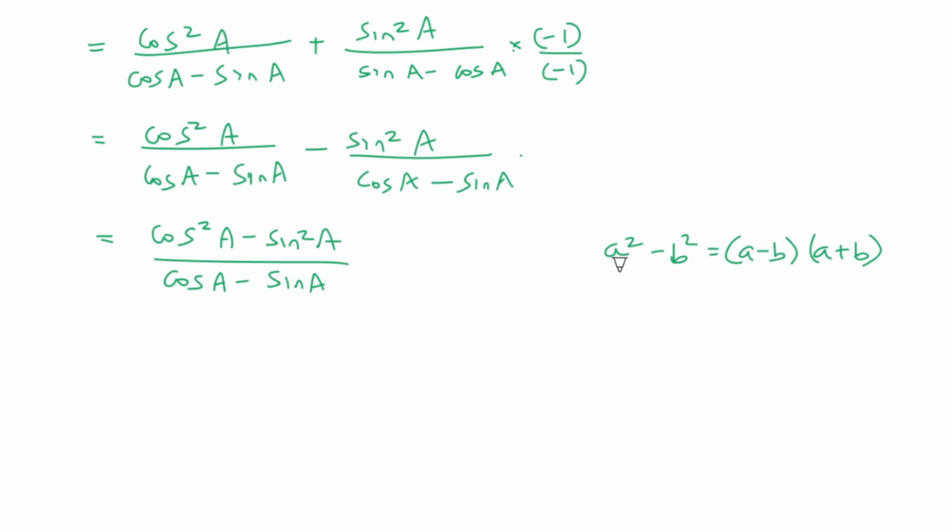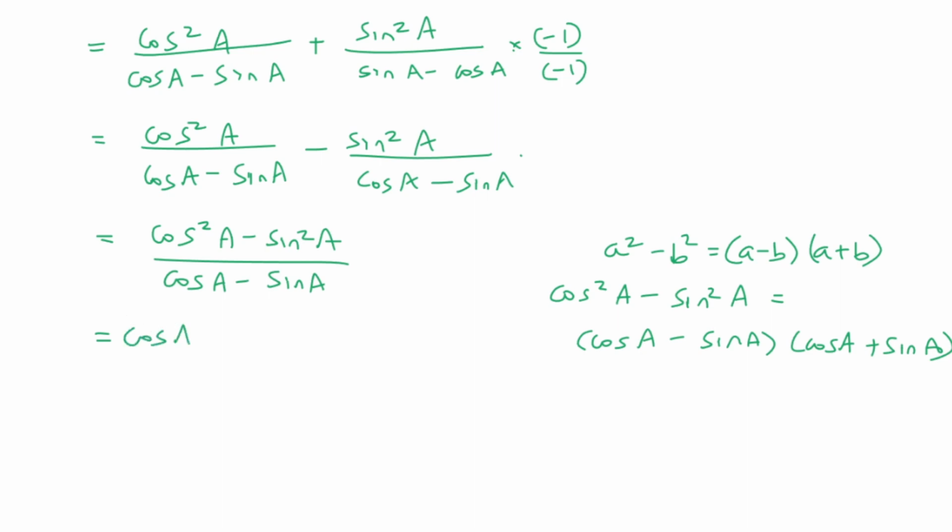Replacing A as cos A and B as sin A, we get cos squared A minus sin squared A equals cos A minus sin A times cos A plus sin A. So we just substitute this.